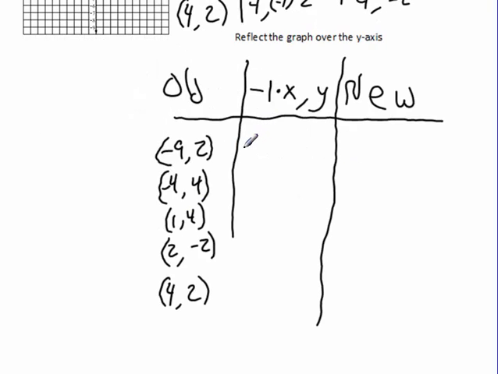We'll have -1 times -9, comma 2, and then -1 times -4, comma 4. Ooh, that was silly, Mr. Stevens. It's -1 times -4, -1 times 1, -1 times 2, and -1 times 4. Sorry.